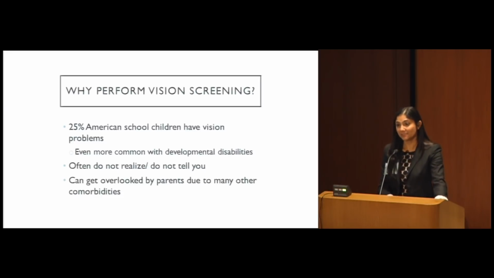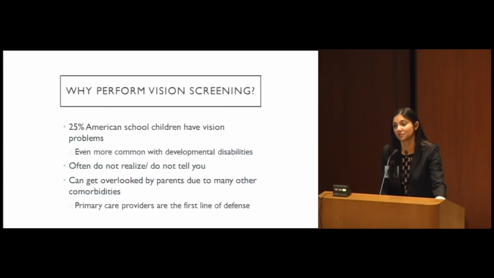And then finally, when these patients have many other medical comorbidities or a lot of other things going on, parents are often overlooking the vision impairments or potential vision disabilities that they may also have, just because there's so many other things that they're dealing with and many other doctor's appointments. So it's really our prerogative as the pediatric ophthalmologists and as primary care doctors to be the first line of defense for these patients when it comes to vision screening, and then appropriately refer to us as the more subspecialized care when it's needed.